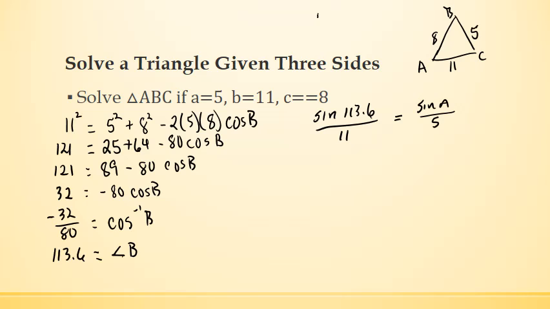And so we're going to multiply both sides by 5. So we've got 5 times the sine of 113.6 over 11 equals the sine of A. And just like what we did to find angle B, we're going to take the inverse of this, 5 sine of 113.6 over 11.